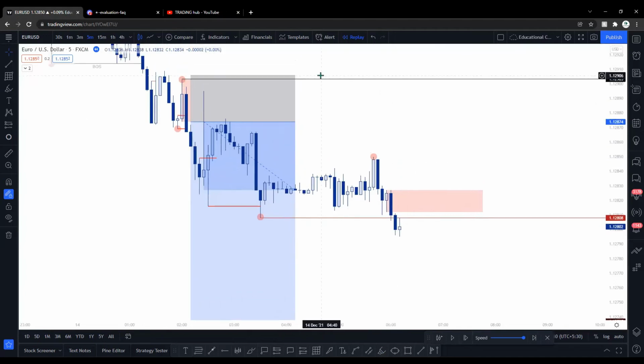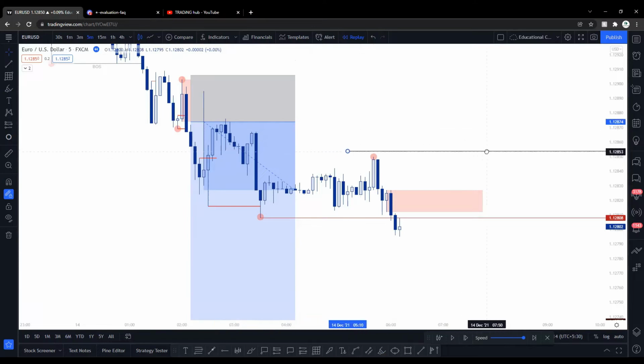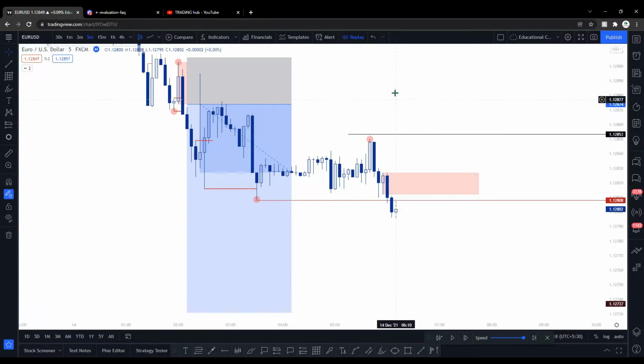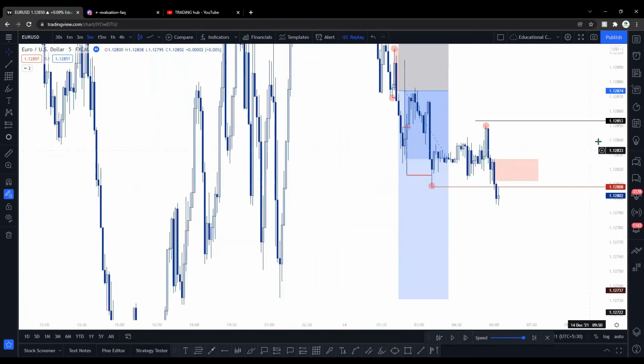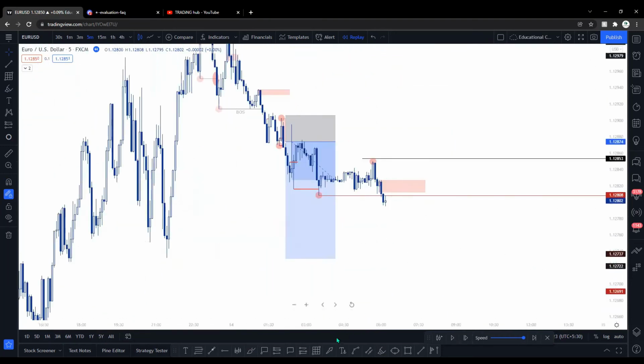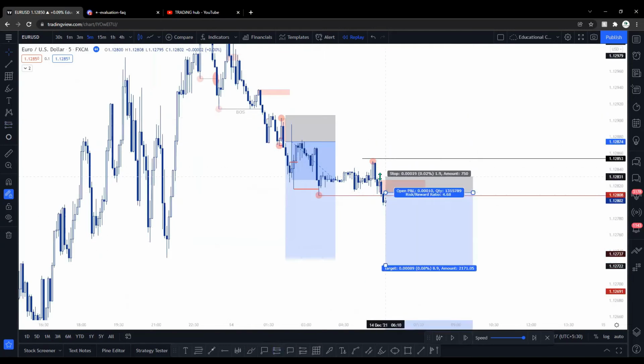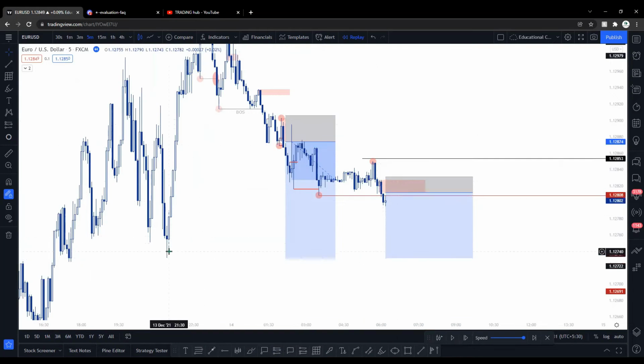The first trade had its stop loss here, and we will move the stop loss above it. The next trade will be opened here, and the target will be the previous swing high, which is here.